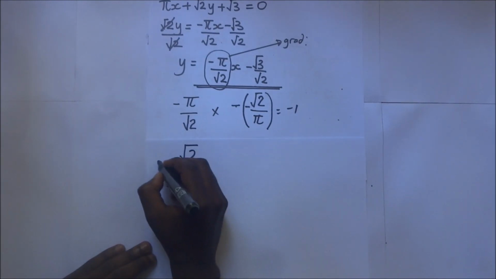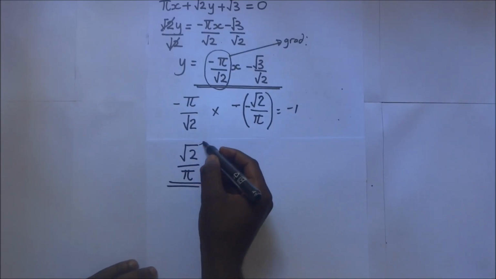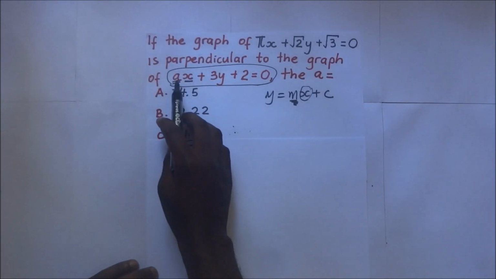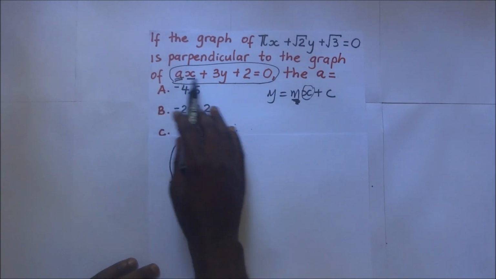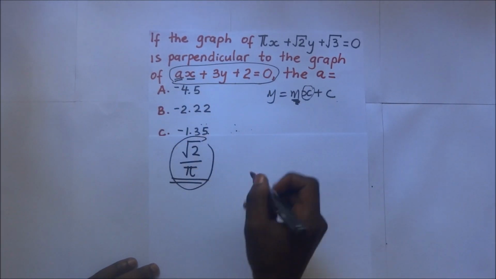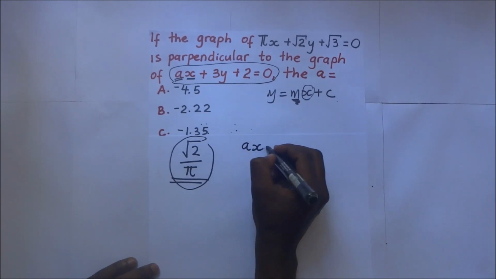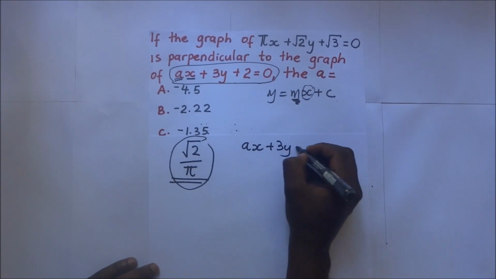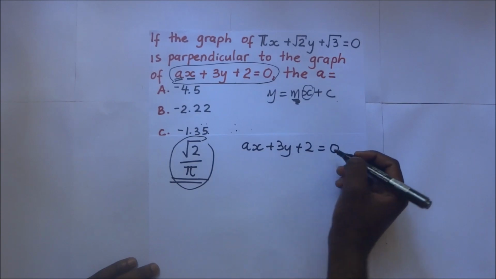That's the gradient. Now that we know the gradient of that, we rearrange this equation into the form of y is equal to mx plus c. So the equation is ax plus 3y plus 2 is equal to 0.